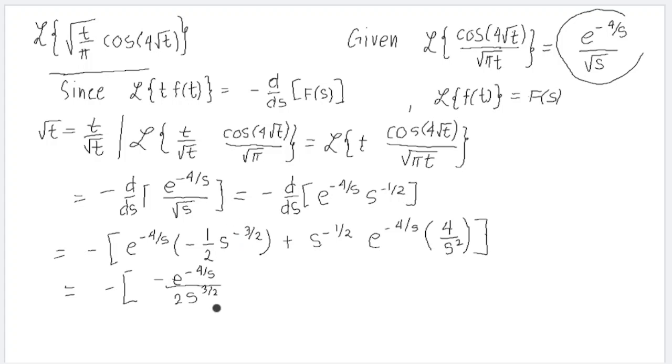That's why we have s to the 3 halves as our denominator, plus 4 e to the negative 4 over s over, we'll bring this down, s to the negative 1/2 becomes 1 over s to the 1/2, and s to the 1/2 times s squared is s to the 5 halves.